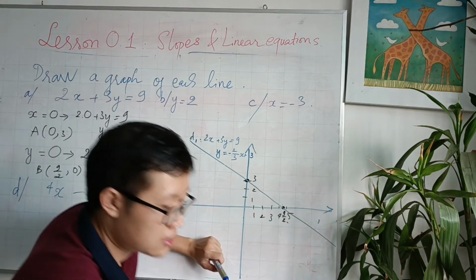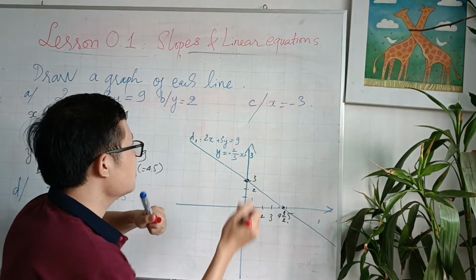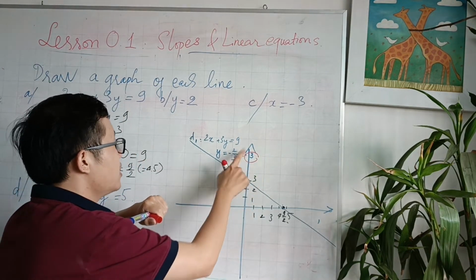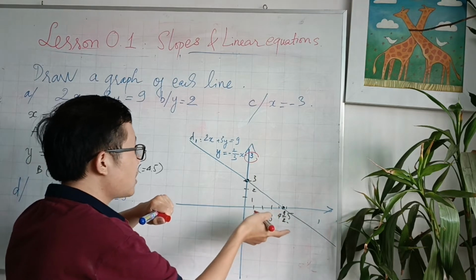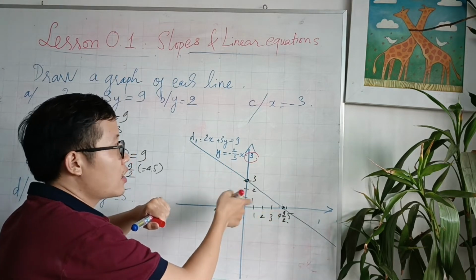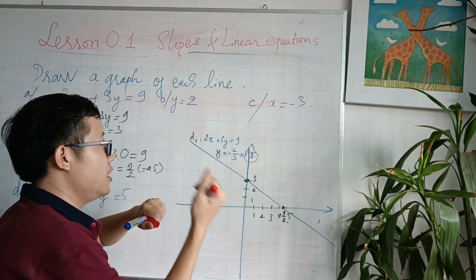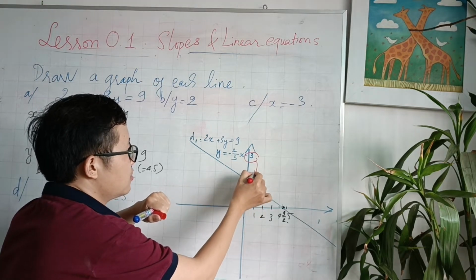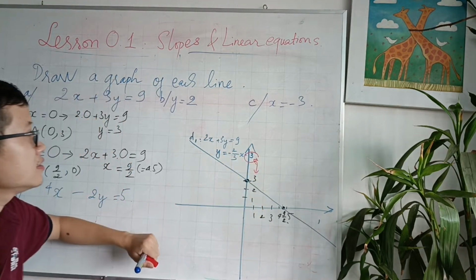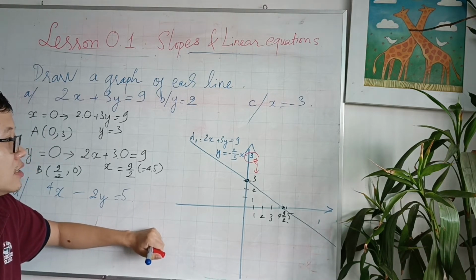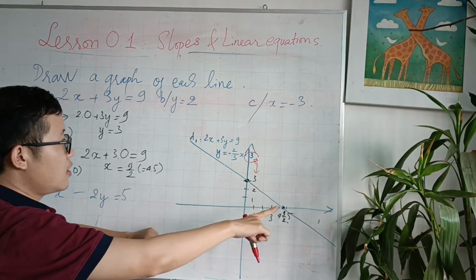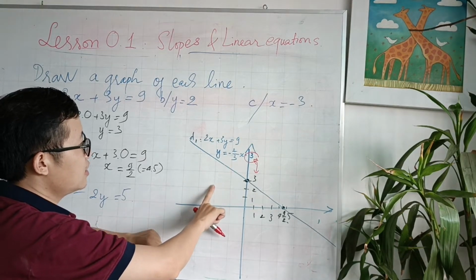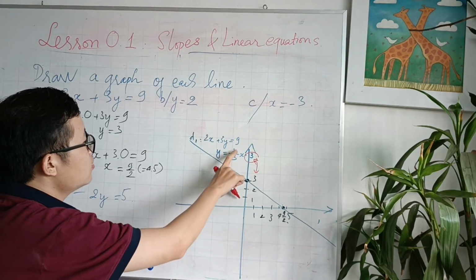We have 3 here as b in the slope-intercept form, so it's also the intersection of the line and the y-axis. And in the slope-intercept form, we have a slope of negative 2 over 3.